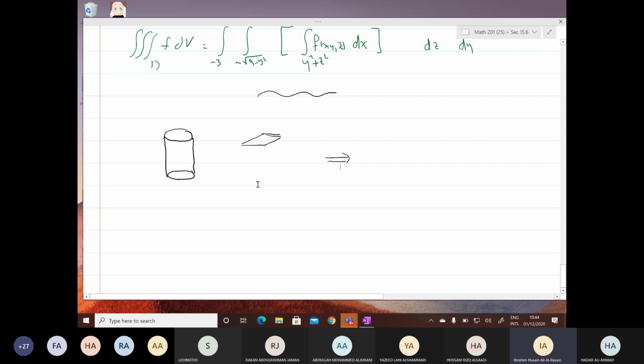What is the intersection between them? You cut it in the middle, for example. What is the intersection between them? Circle. If you cut it in the middle, the intersection will be a circle. It will be something like this again.